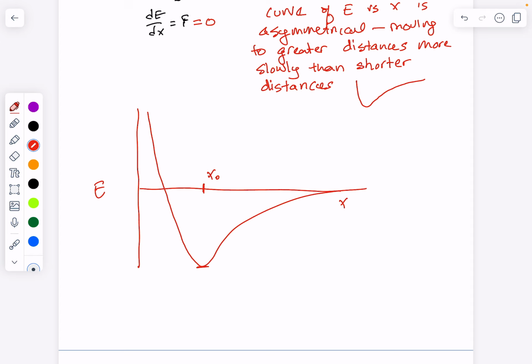We can envision this as corresponding to 0 Kelvin. At 0 Kelvin, there will be no thermal vibration occurring between these two atoms. Again, these two atoms are part of a big lattice. They're not vibrating in isolation, but for the purpose of this discussion, we'll just imagine them vibrating with each other.